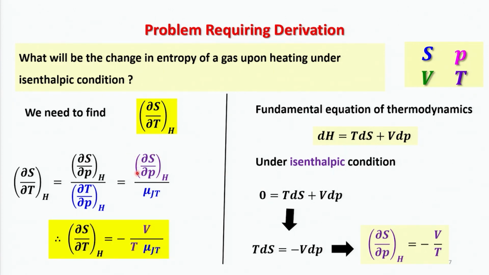Therefore, what I get now is del S del T H is equal to minus of V by T into the Joule-Thomson coefficient of the gas.